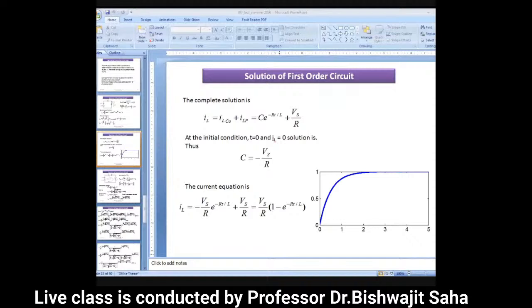Yes, sir. We studied. Then tell me, how can you understand whether this is energy storing mode or releasing mode, definitely of an inductor? How can you understand?